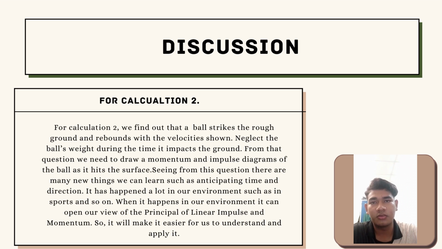For discussion question 2, we find out that a 0.5 kilogram ball strikes the rough ground and rebounds with the velocity shown. Neglect the ball's weight during the time it impacts the ground. From that question, we need to draw a momentum and impulsive diagram of the ball as it hits the surface.